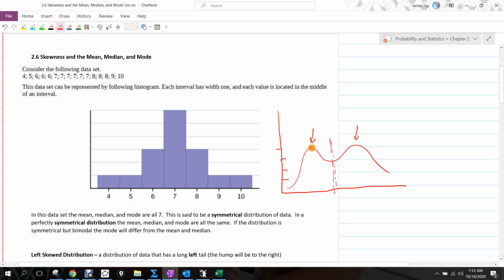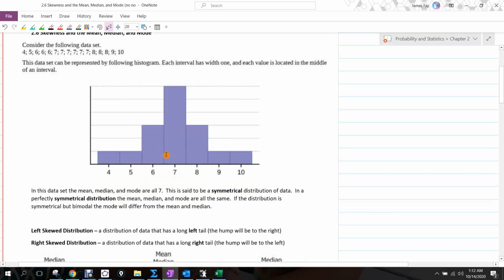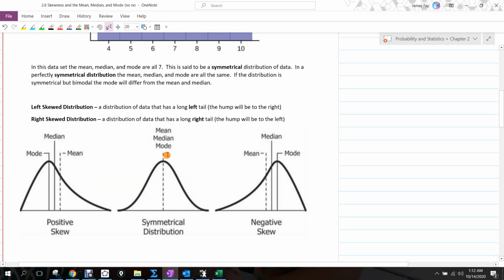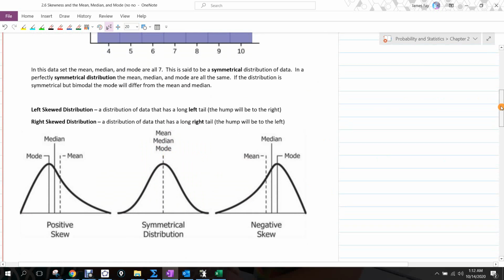Because the modes are 2 quantities, this is bimodal, but it's still symmetric. If I folded there, the left-hand side is going to fall on the right-hand side, with the mean and the median in the middle. So we can have what we call a bimodal symmetrical distribution. This is a unimodal symmetric distribution.